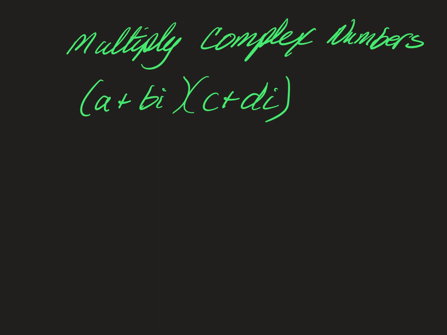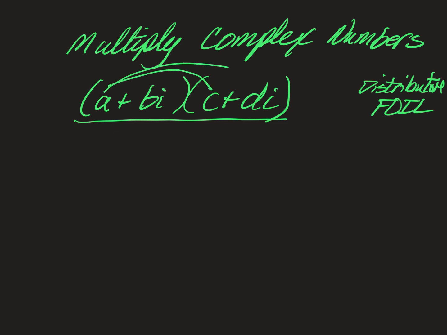So, in general, how do you multiply complex numbers? Well, this looks very familiar to our old friend, the distributive property, which in algebra we often called the FOIL method, first, outside, inside, last, where you multiply the first ones, the outside ones, the inside ones, and the last ones. Just a distributive property.